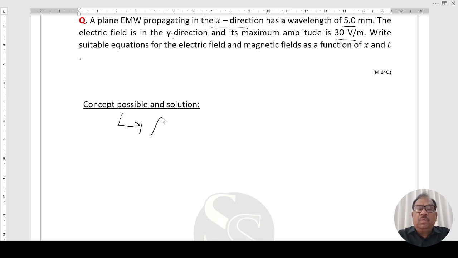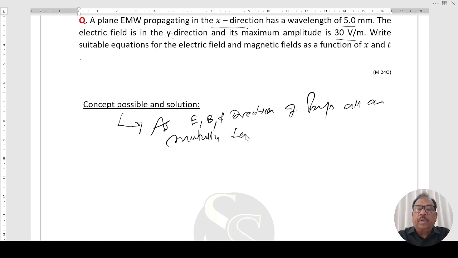Now, as we know, electric field vector, magnetic field vector, and direction of propagation are all mutually perpendicular to each other.